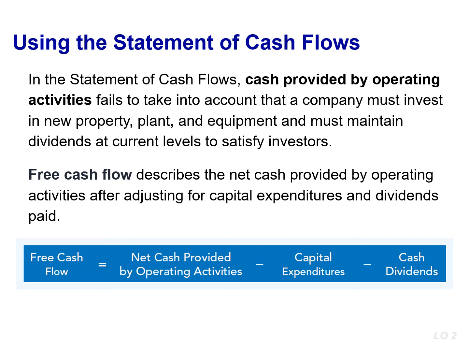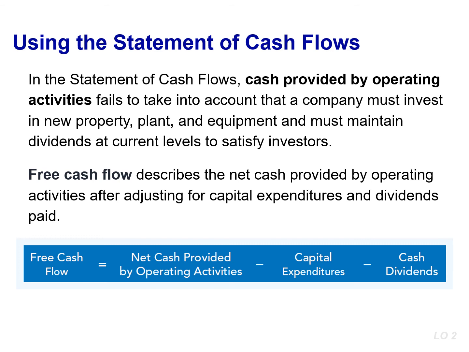Analysts have noted, however, that the net cash provided by operating activities fails to take into account that a company must invest in new property, plant, and equipment, or capital expenditures, just to maintain its current level of operations. Companies must also maintain dividends at a current level to satisfy investors.